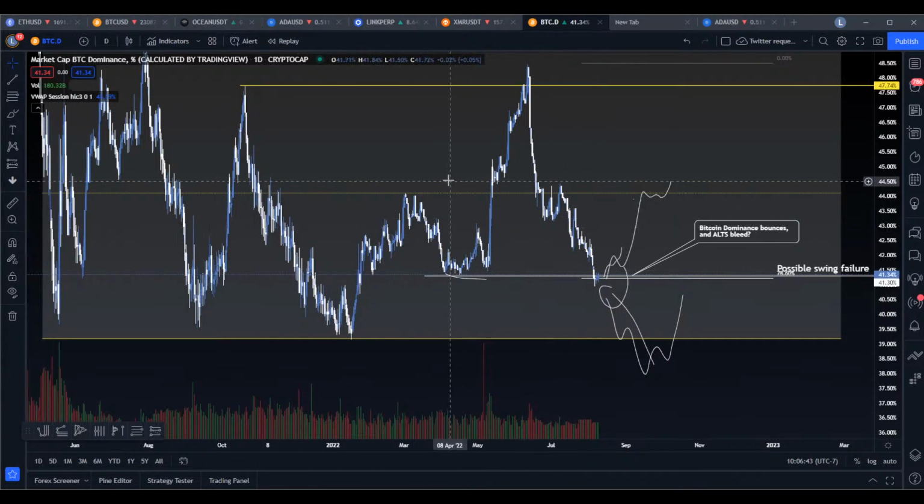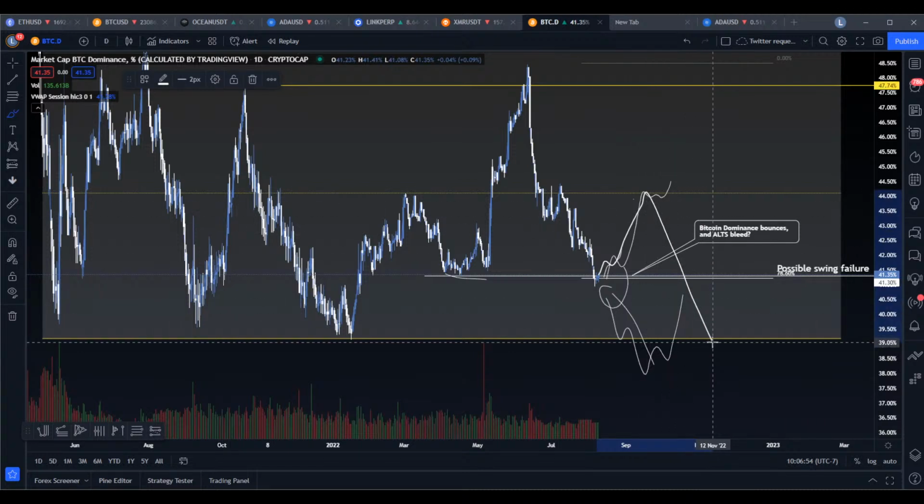So if Bitcoin does drop, alts could drop a lot more. Just think about getting some kind of retracement on Bitcoin dominance before a deeper rejection, to give Bitcoin a chance to start bleeding and alts just to start getting wrecked. And one of the reasons I think that might be the case is so many alts are at major resistance and have just had a massive run up.